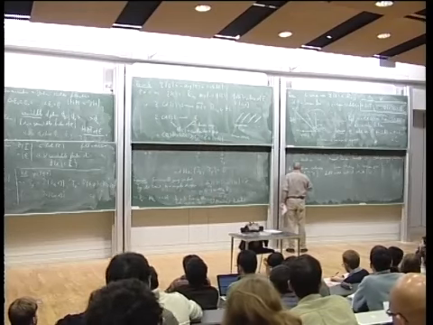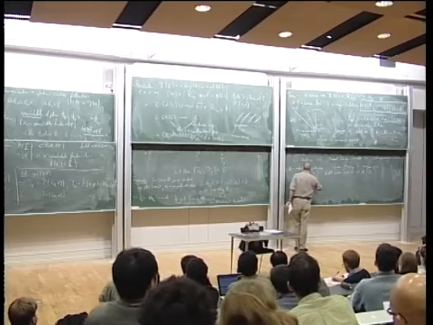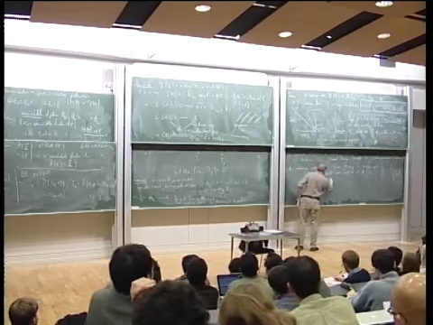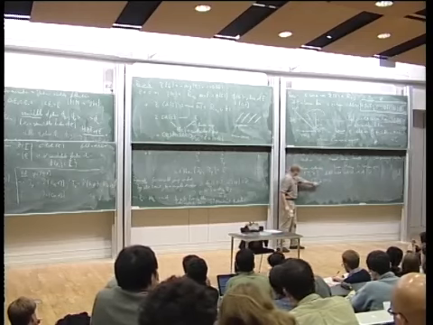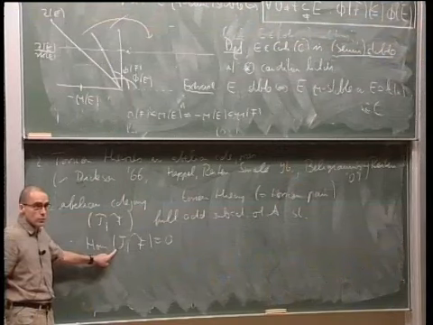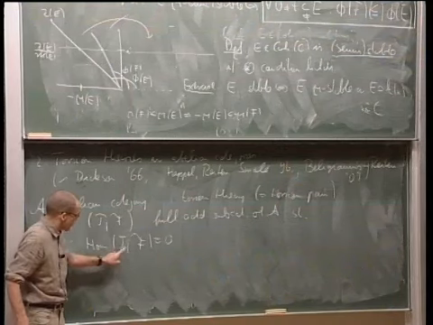Namely, there are no morphisms from T to F. So whenever I write this, I mean for any object in T and any object in F, there won't be any non-trivial morphisms from the first to the second.